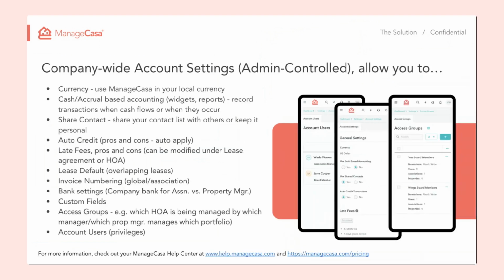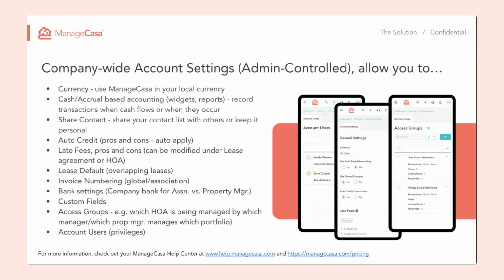All right, now let's look at the company wide account settings. Just before we show you these in the system, let's go through the list real quick. These settings allow you to, number one, select your organization's currency. That way, you can use ManageCasa wherever you may be in the local currency.